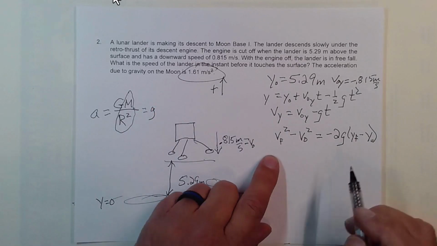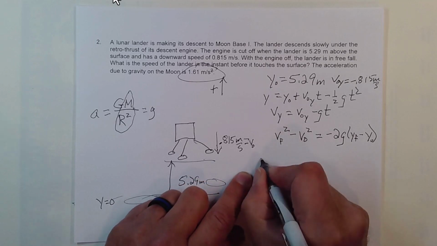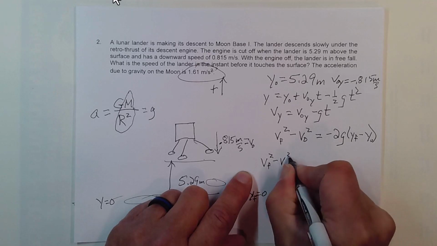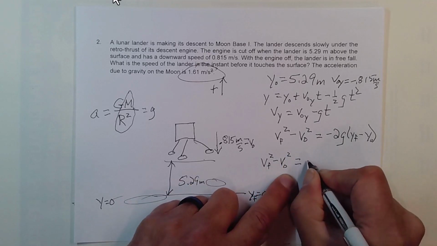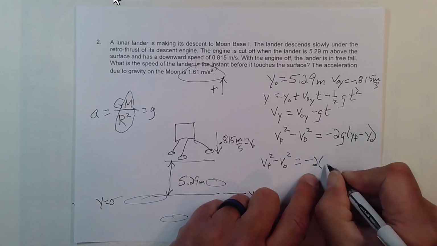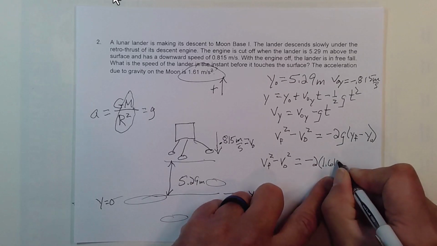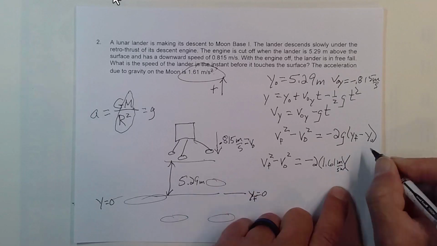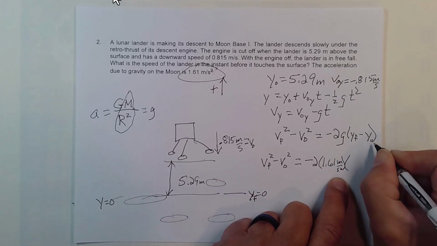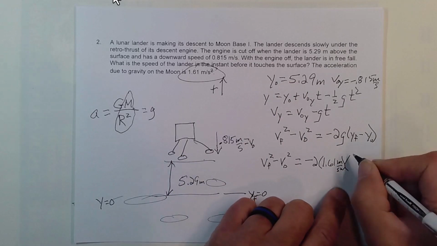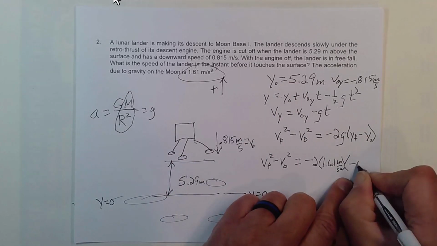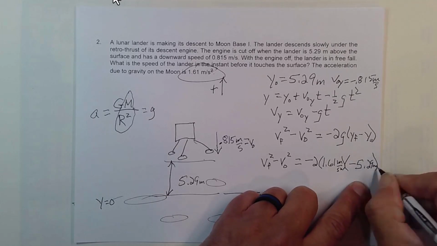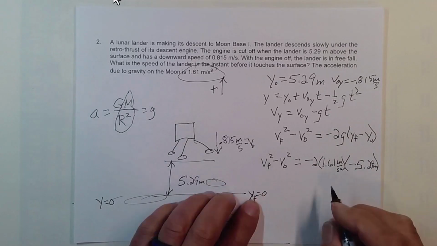But at any rate, here's what we've got. V final squared minus v naught squared is equal to minus 2 times 1.61 meters per second squared times y final, which is 0, minus 5.29 meters. So in these parentheses we've got minus 5.29 meters, and a minus will make a plus there.